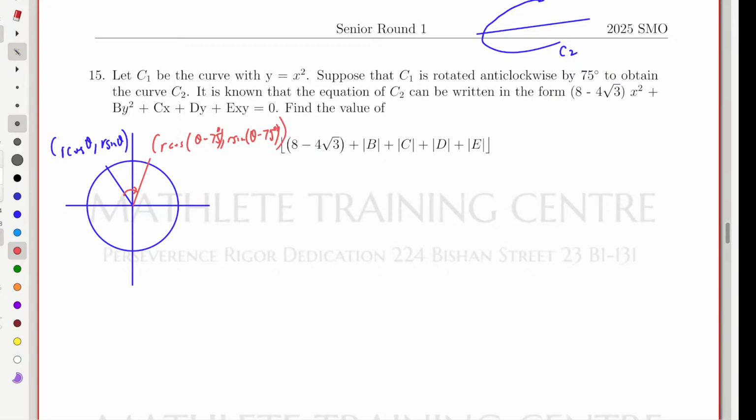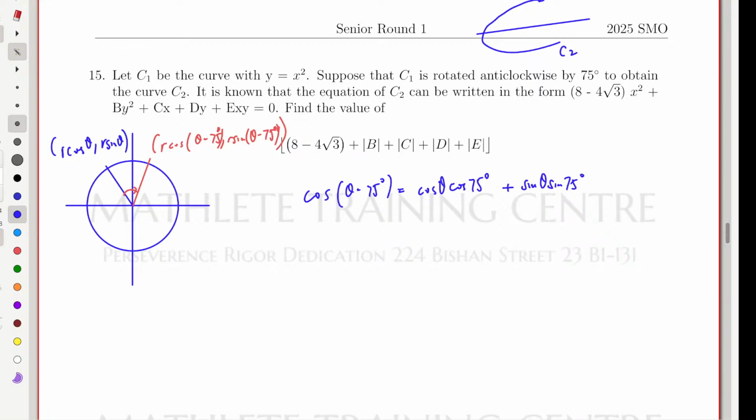So for this, we need to know our values by expanding using the cosine and sine formulas for angles. To do that, we can write out the formula. Cosine of theta minus 75 degrees, what's that? That's going to be cosine theta cosine 75 degrees plus sine theta sine 75 degrees.